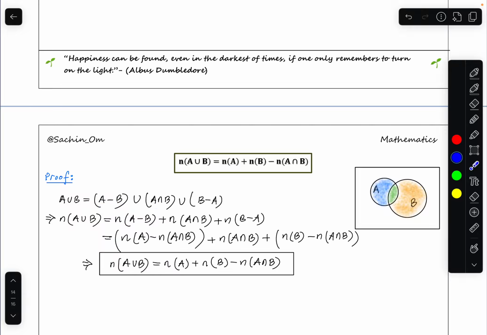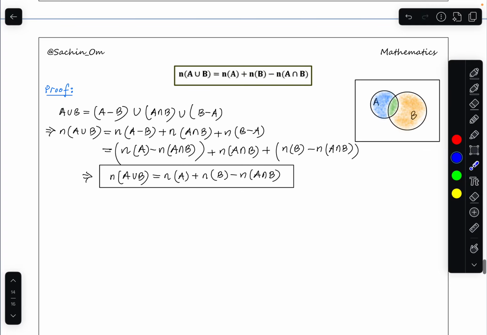Number of elements in A minus B, plus number of elements in A intersection B, plus number of elements in B minus A. But then the number of elements in A minus B can also be written as the number of elements in A minus the number of elements in A intersection B, and so on. And then you simplify at the end to get this result.